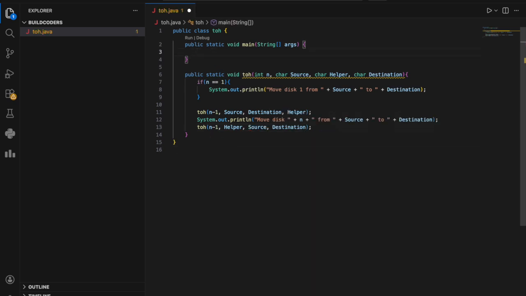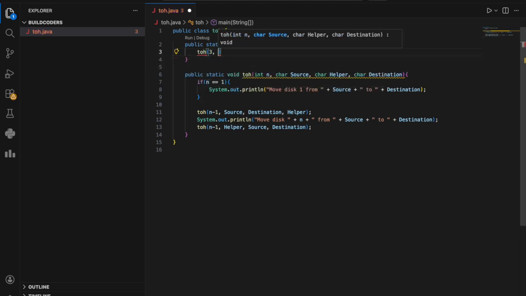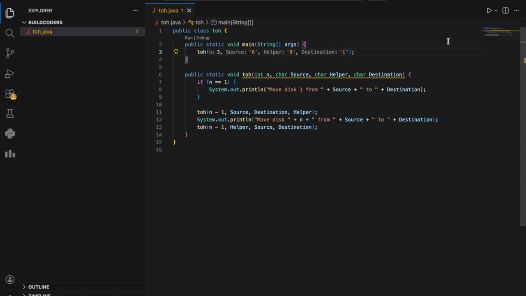Now let's try with n equal to 3, and I am naming my source rod as A, helper rod as B, and destination rod as C. Let's see the output.